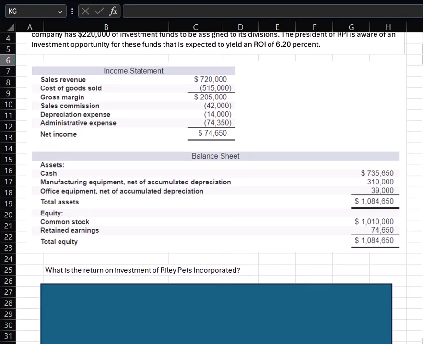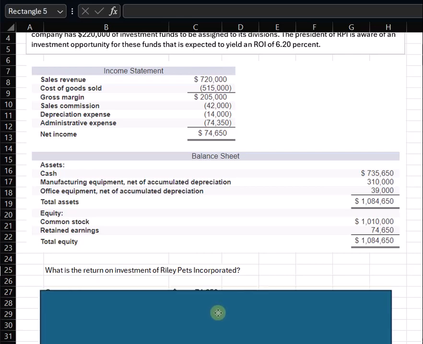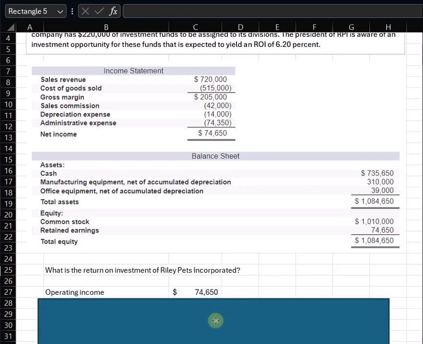The first question we want to tackle is, what's the return on investment of Riley Pets Incorporated? That's the division, right? We know that operating income is $74,650. Since there's no tax amount, net income is the same as operating income. There's no income before tax or income after tax.